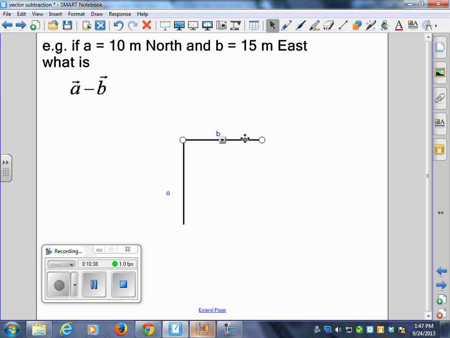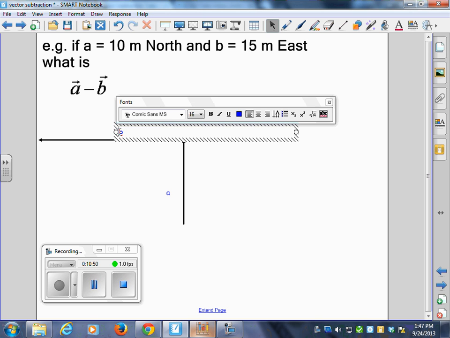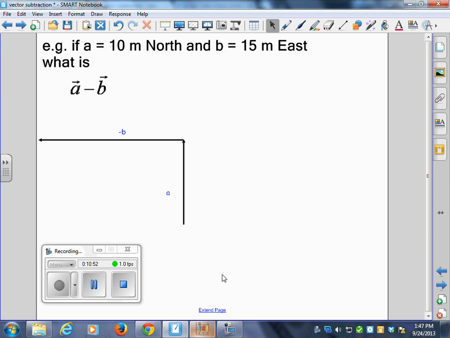The 10 meters is longer than the 15. Yeah, you're right. That one's north, so the 15 actually has to be like that, right, Steve? Yes. I'm not doing it to scale. Now, is that right? Yeah, right.